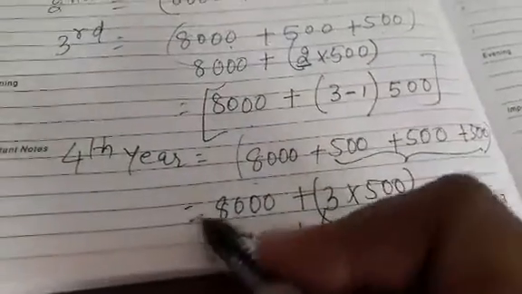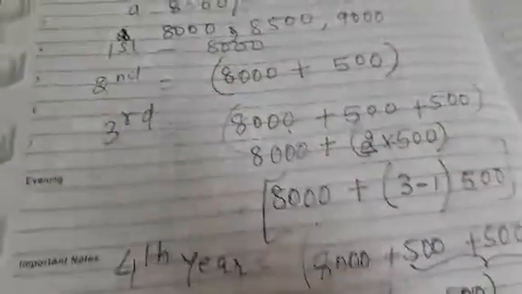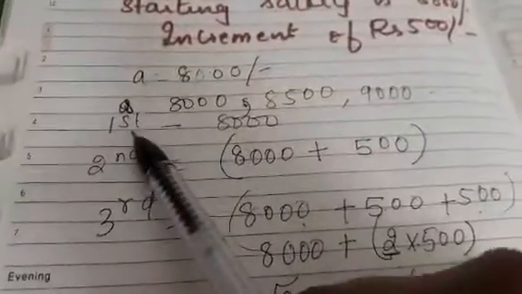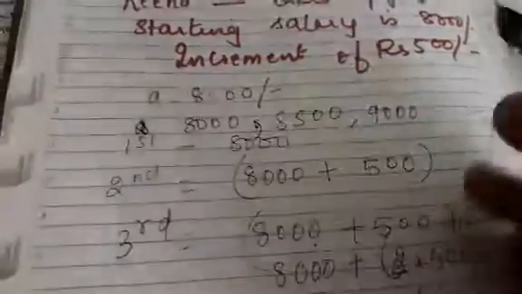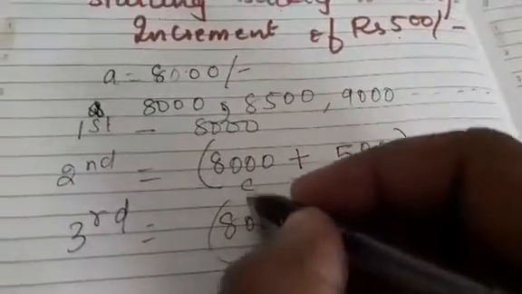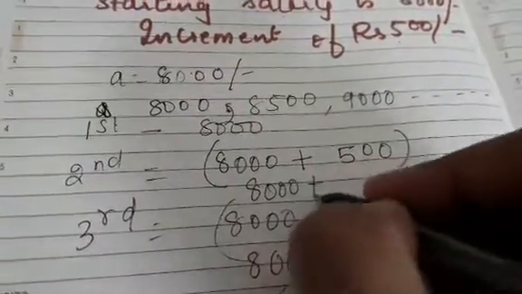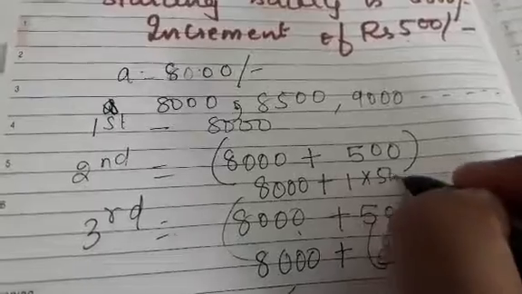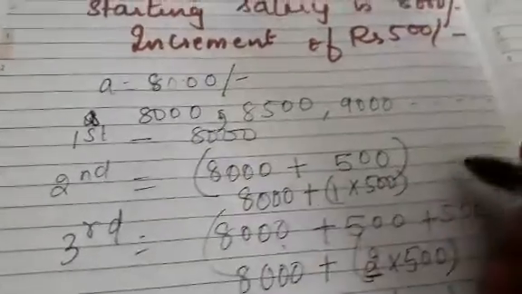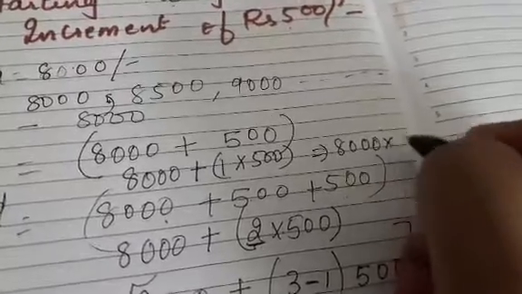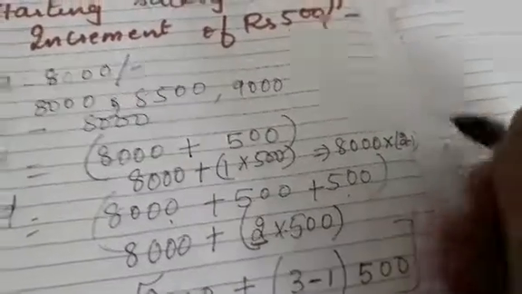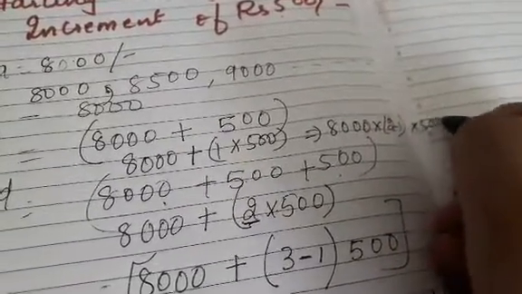Yes, now we have to observe what pattern we have taken up. First year it was 8,000. Second year, this I can write 8,000 plus 1 into 500, and 1 I can write as 2 minus 1 into 500.